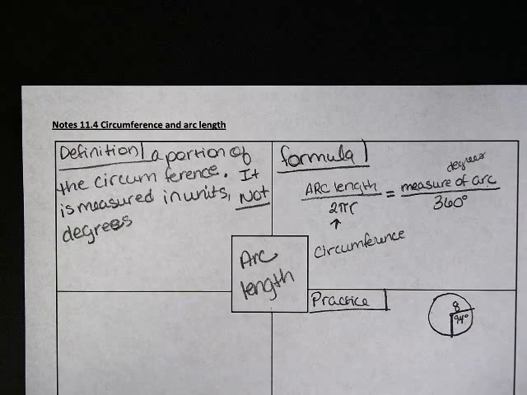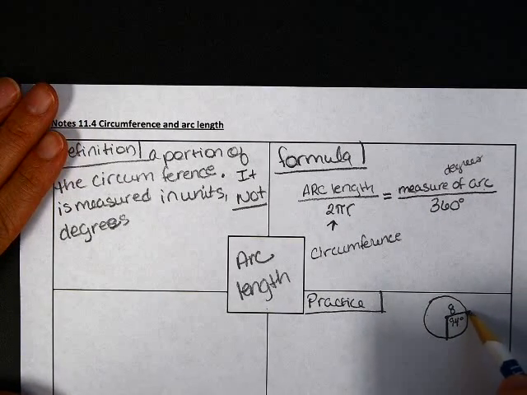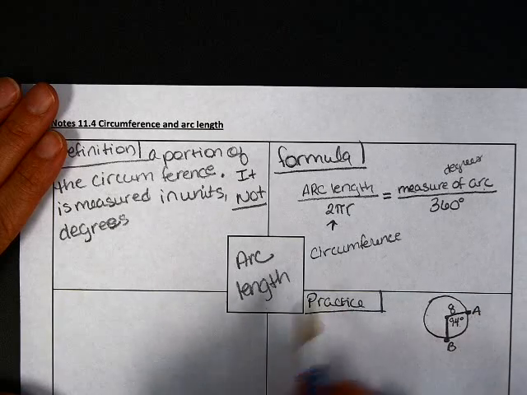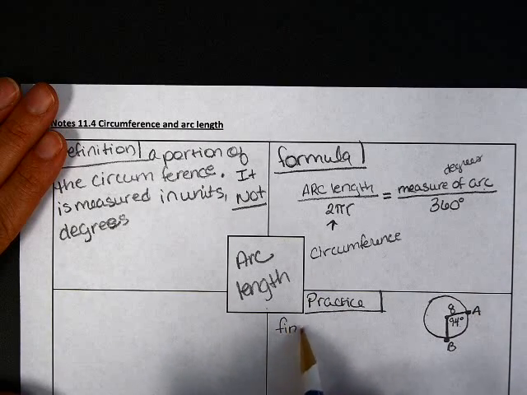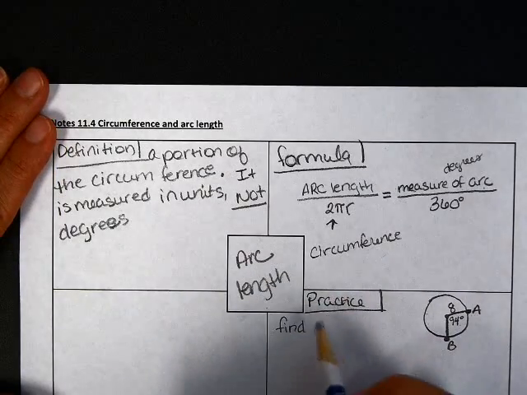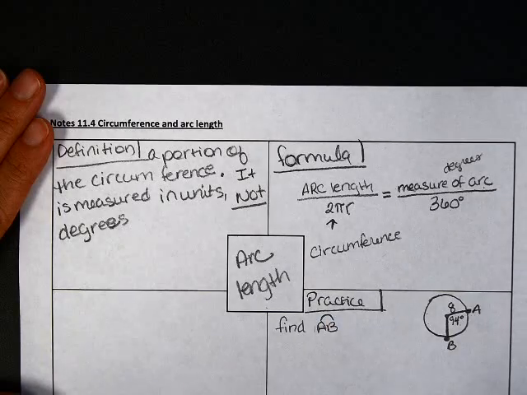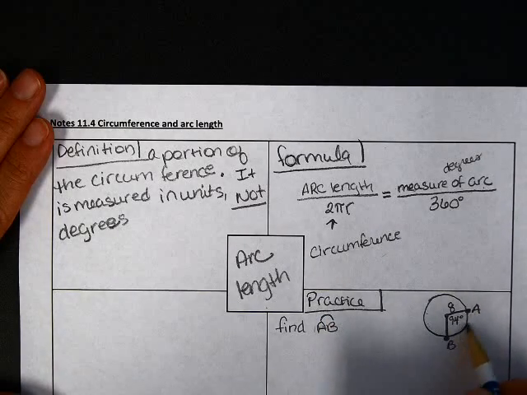That's just a little bit more than a right angle. Now if I want to find the length of arc AB, I'm sorry, not the measure, we want the length. Find AB.